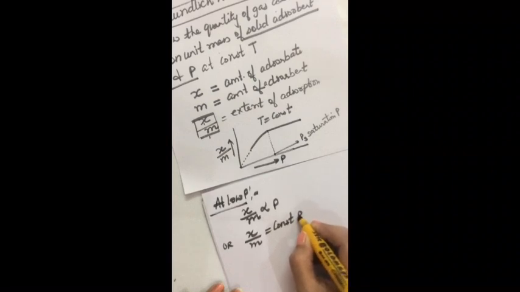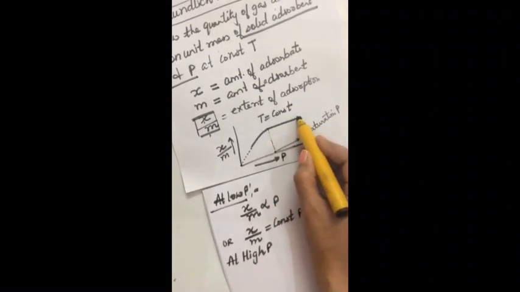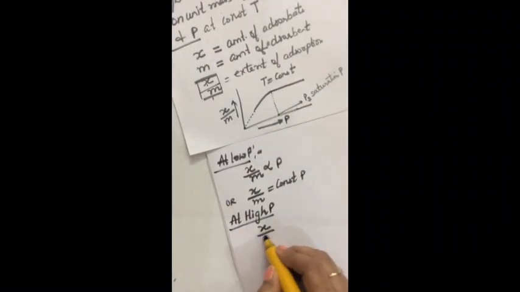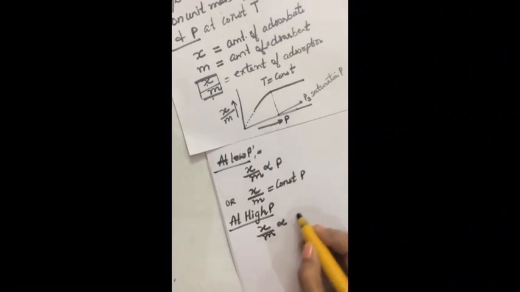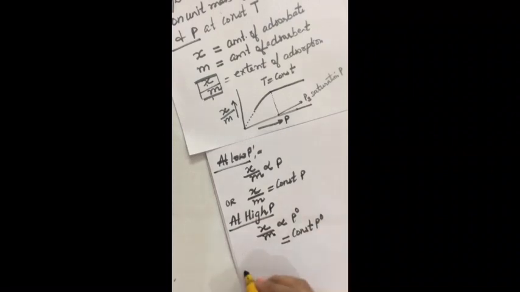Now at high pressure, the extent of adsorption is constant. So x by m is proportional to P raised to zero, that is, independent of pressure. Again a constant will come here.